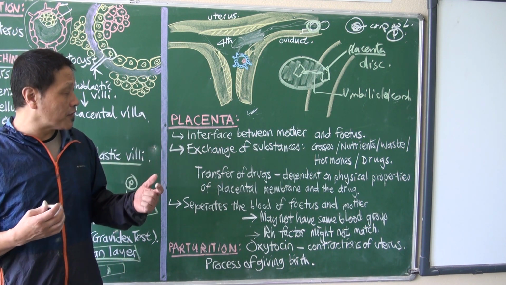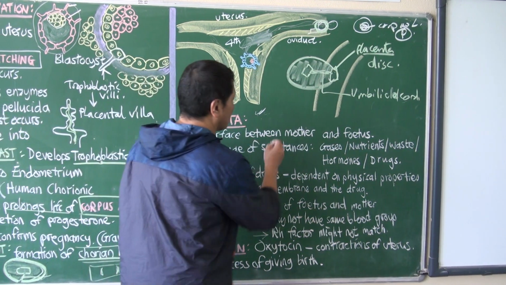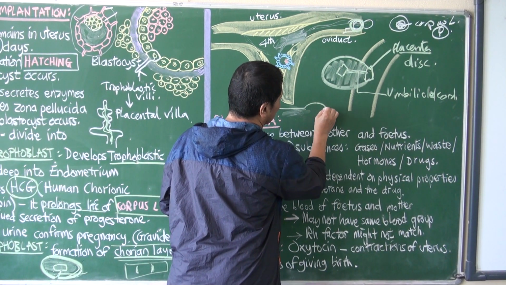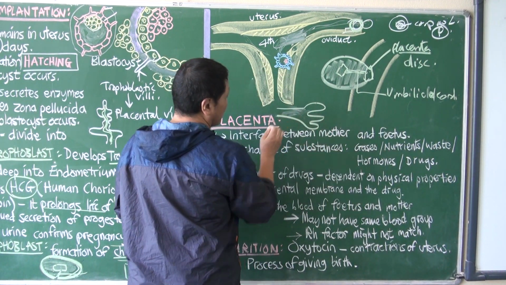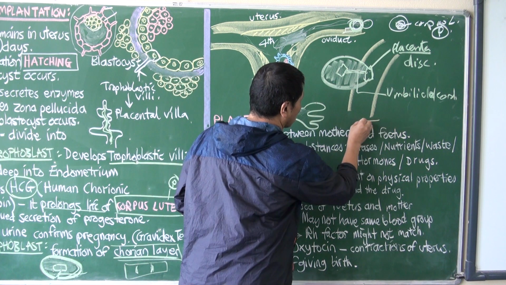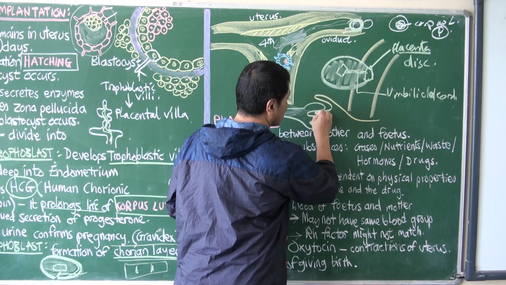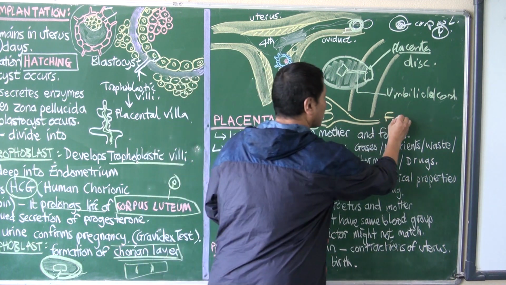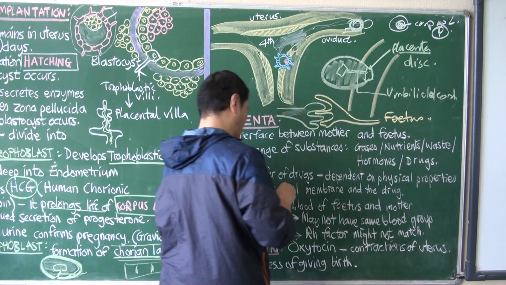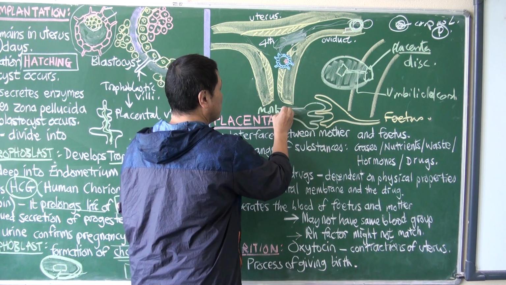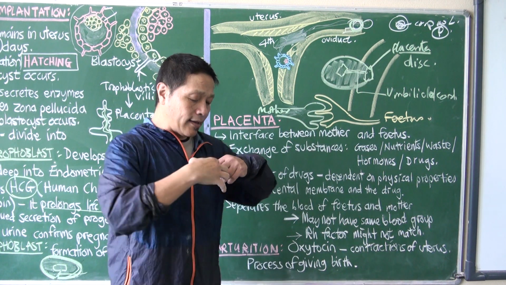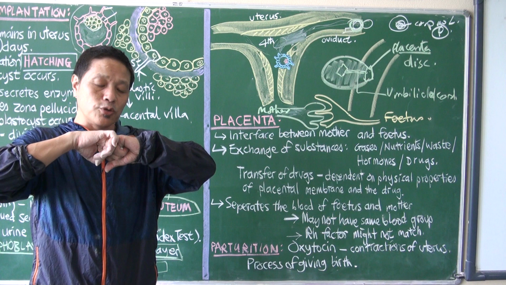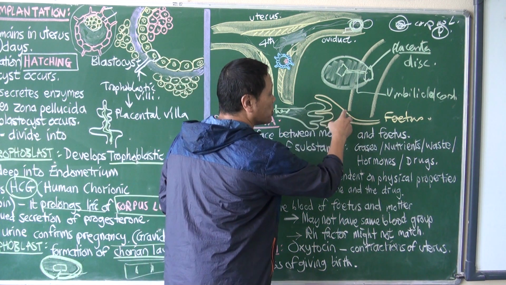The blood vessels of fetus and mother, they interact. So let's say this is the blood vessels of the mother, and these are the blood vessels of the fetus. And here we have mother's blood vessels. So they come in close proximity to each other, where exchange of material occurs.